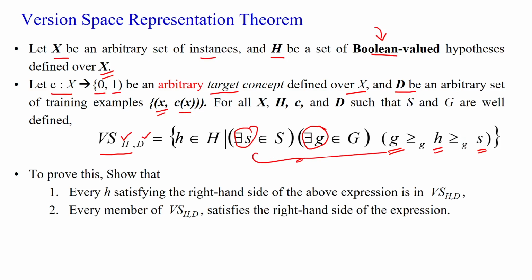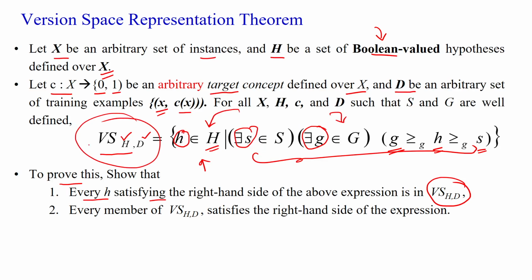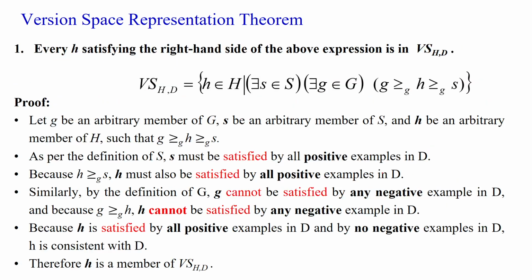So based upon this criteria we will get any hypothesis which belongs to the hypothesis space capital H. Here we have to prove that every hypothesis h satisfying the right hand side of the above expression is in the version space H comma D. So whichever hypothesis we take based upon this criteria will be added into the version space. And the second one is that every member of version space H comma D satisfies the right hand side condition. So we will see one by one here.